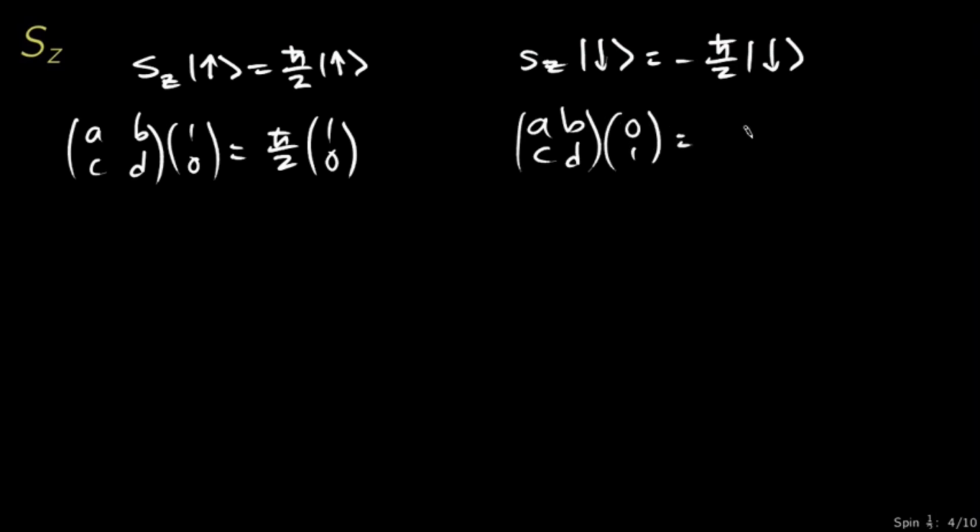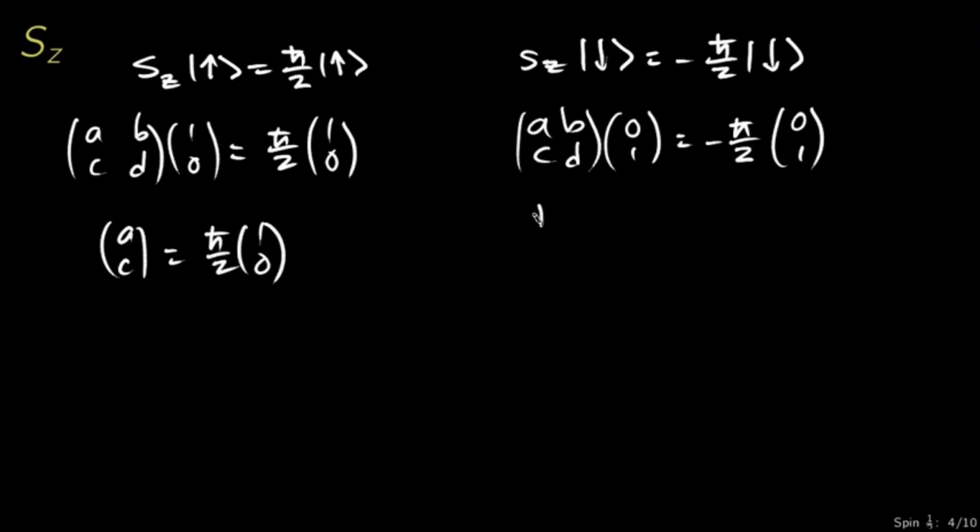Acting on (0, 1) gives us minus ħ/2 (0, 1). As before, you can do these matrix-vector products and get (a, c) is equal to ħ/2 (1, 0), and (b, d) in a column vector is equal to minus ħ/2 (0, 1).